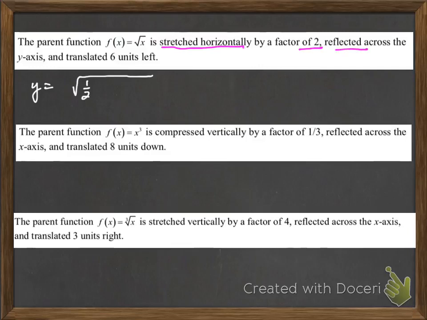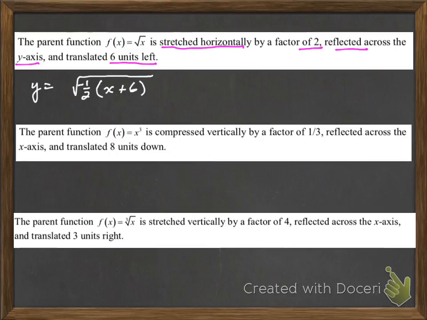Then we have reflected over the y-axis. Well, that means it's going to be a negative b value. And then we have 6 units left. So we put that as x plus 6 inside the parentheses under the square root.